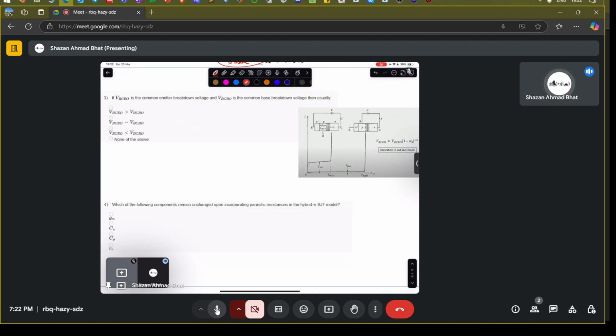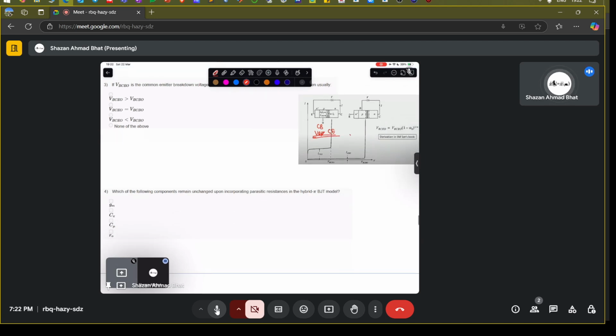So if we talk about the breakdown voltage, I discussed this also: for the common base configuration, the breakdown voltage is greater than for the common emitter configuration. It can also be seen from this plot. The breakdown voltage for the common emitter is smaller than for the common base configuration.